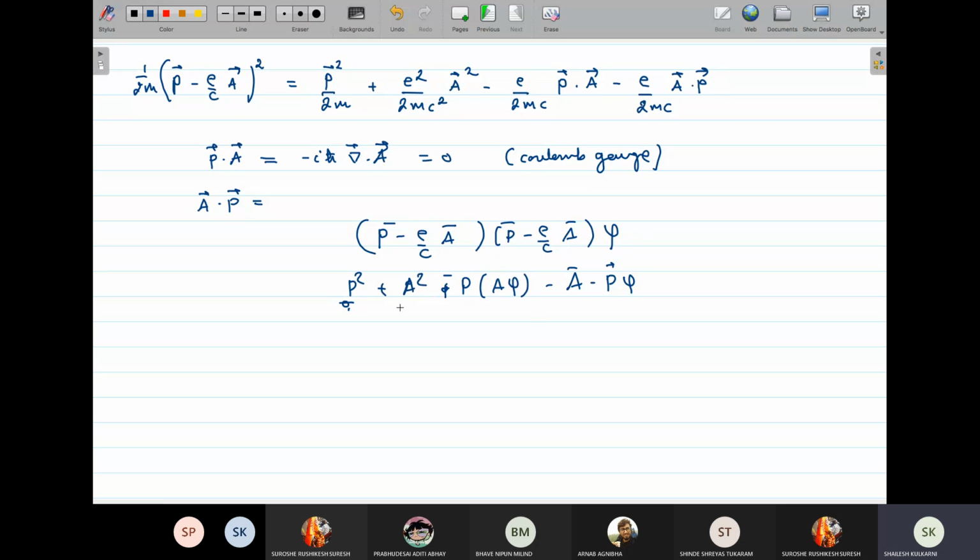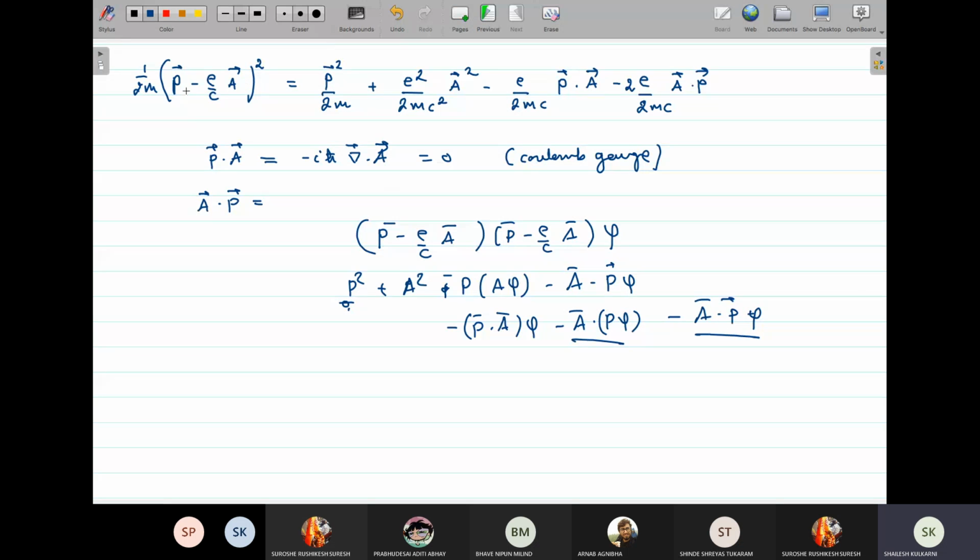So this term is minus of P acting on A, and then they act on phi, minus A dot P acting on phi, and then there is another A dot P acting on phi. So there will be twice here. One term was missing, so this will add with this.